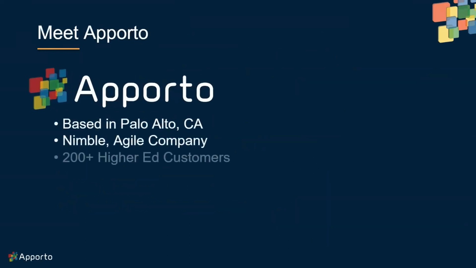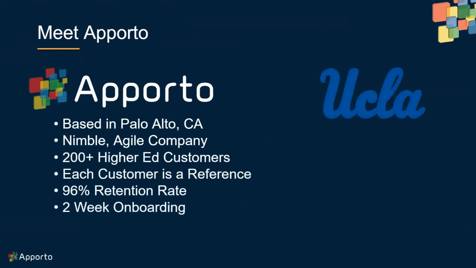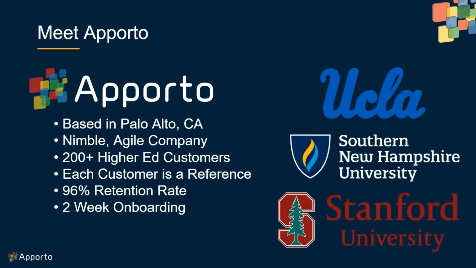If you're new to Apporto, welcome. We are a Silicon Valley-based company with currently over 200 higher ed customers, which is where we got our start. We are branching out into other sectors beyond higher ed and education, but a lot of the same challenges exist.